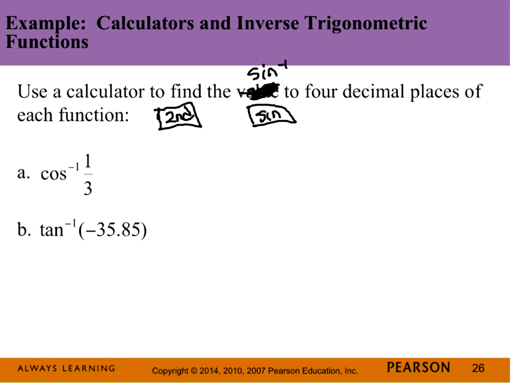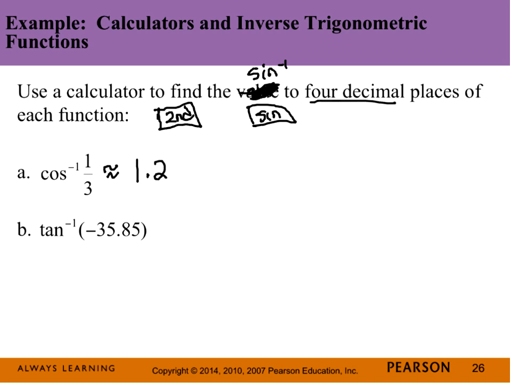Cosine inverse of 1/3, and it's going to open a set of parentheses, so just be careful and make sure you close your parentheses. It's not going to matter with these two problems, but when you start adding things on or dividing or whatever, you want to make sure you close those parentheses.